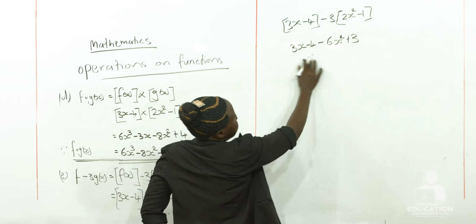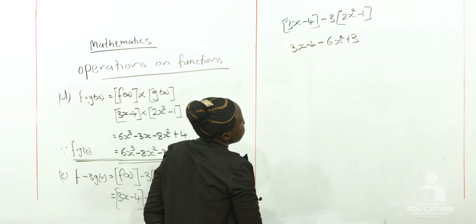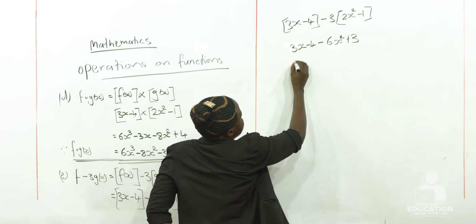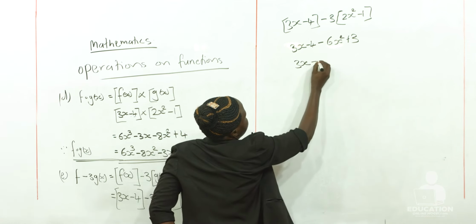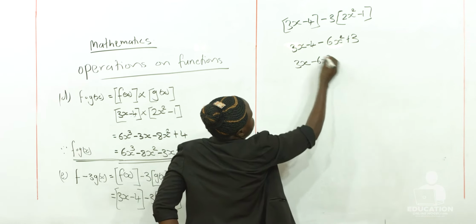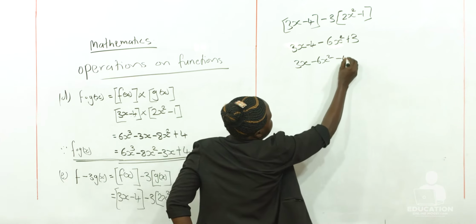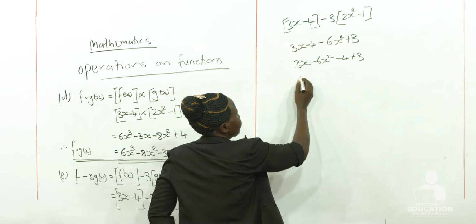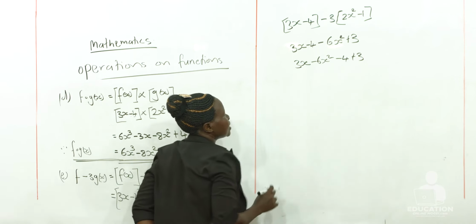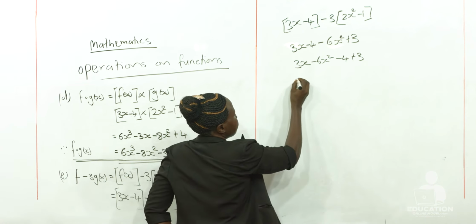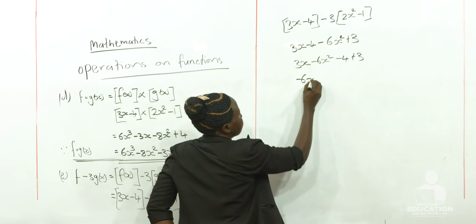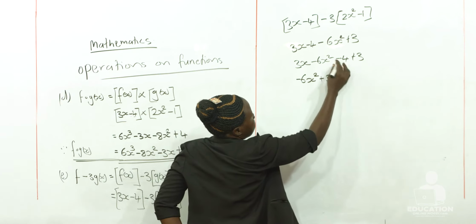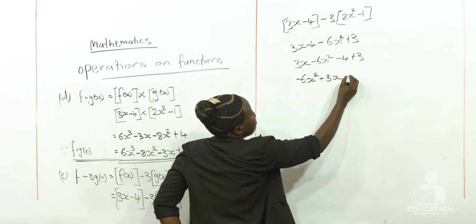So now from here, we can easily do what? Collect our like terms. We have 3x, and then we have minus 6x square, and then we have minus 4, and then plus 3. So from this, if we follow the order of the degrees, we shall have our final answer as minus 6x squared, and then plus 3x, and then negative 4 plus 3, we get negative 1.